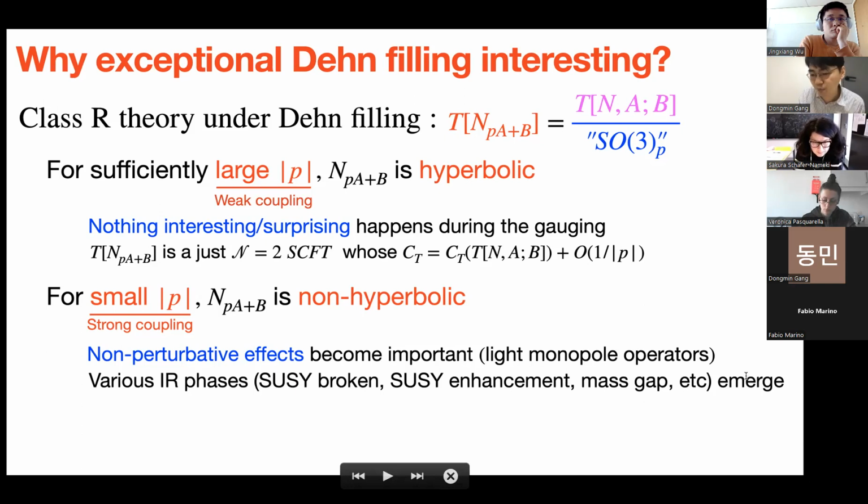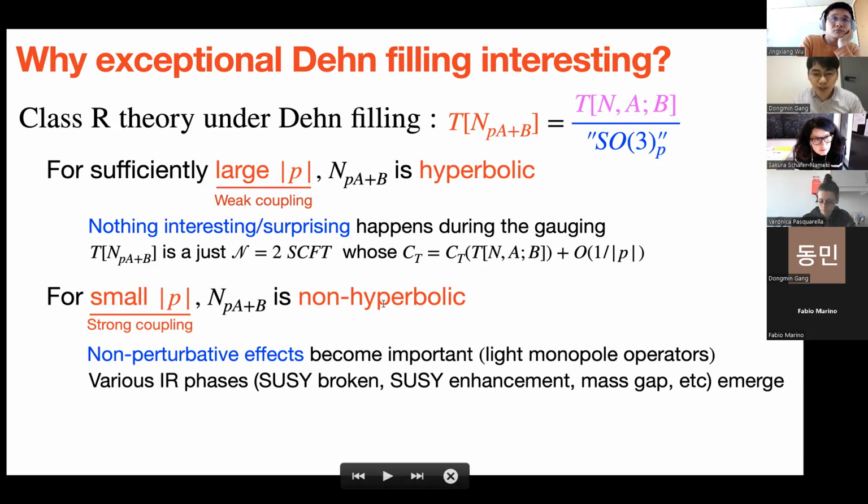So we expect very interesting IR behavior in the field theory aspect when P is very small, and it actually corresponds to when this Dehn-filled manifold is non-hyperbolic.